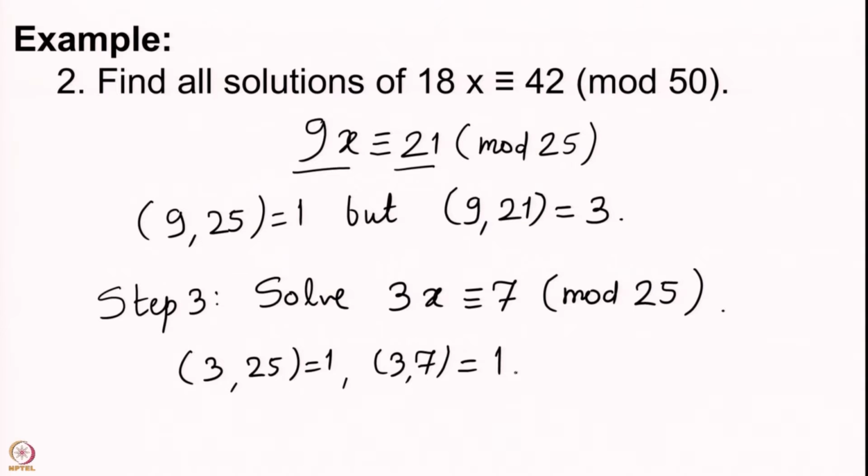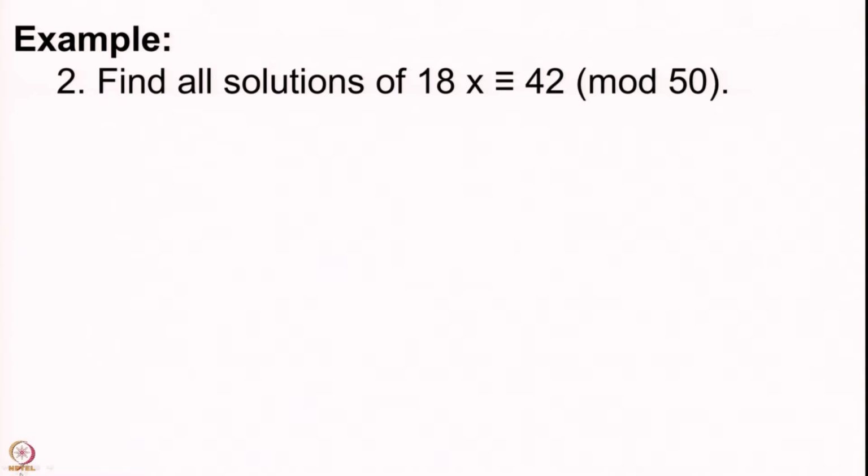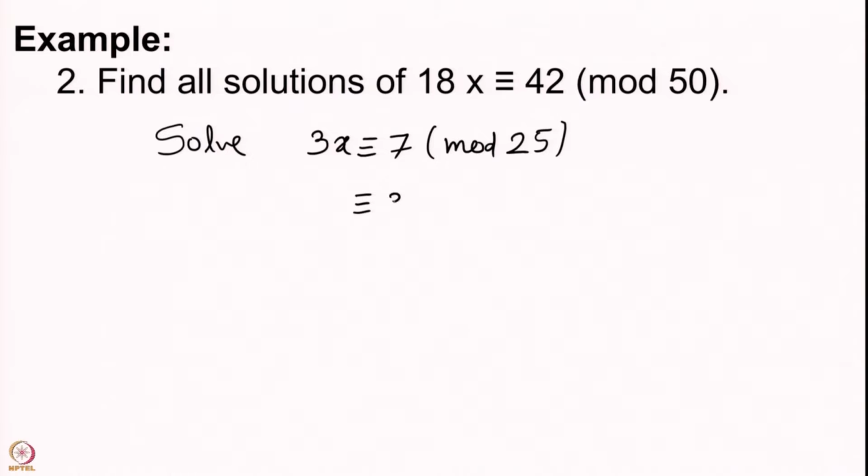This is how that small trick goes. Solve 3x congruent to 7 mod 25, but 7 is the same thing as 32 mod 25, because 7 plus 25 is 32. We still do not have the GCD of 3 and 32 to be bigger than 1.